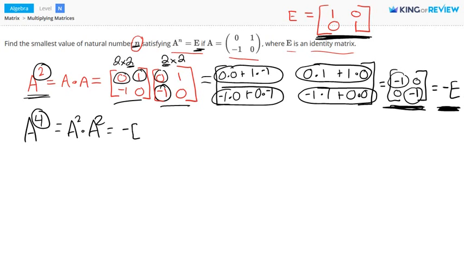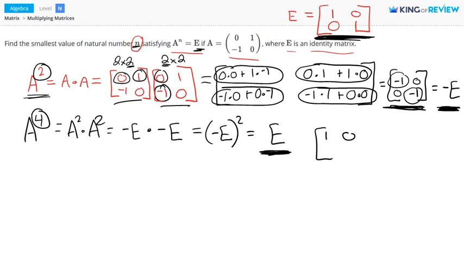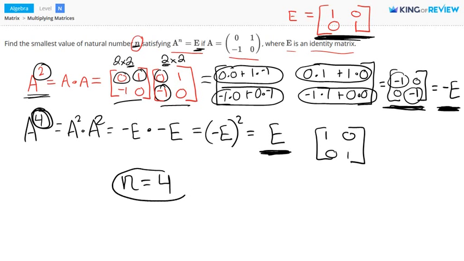So we have negative E times negative E. This is equal to negative E squared, and this gives us E. E is this identity matrix, which is 1, 0, 0, 1. So we found that the smallest number for n was 4. So n is equal to 4, and this is the final answer. Thanks for watching.